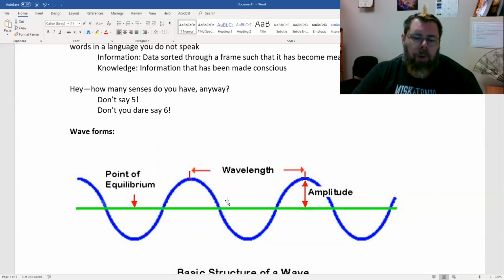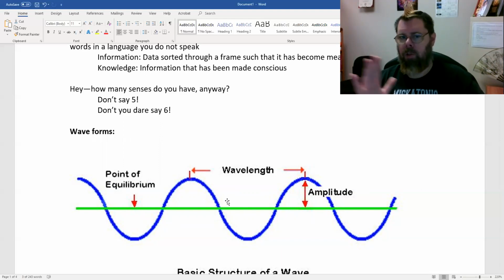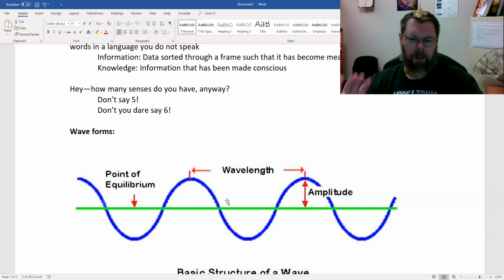Other kinds of animals see other kinds of light. Snakes hunt with heat. That's going to be in the infrared range of light. They don't see the light, they feel the heat, but animals that see well in the dark might be a little more in that infrared range.